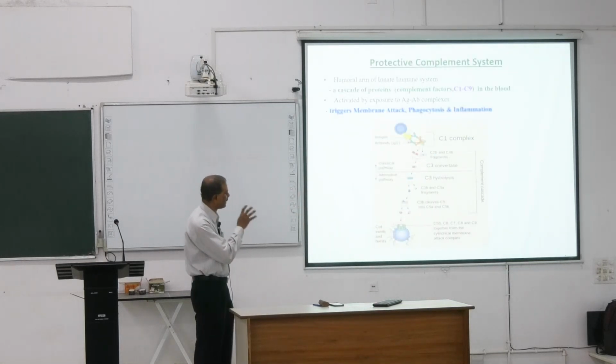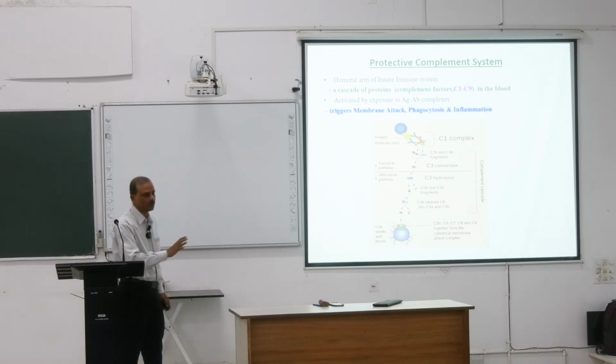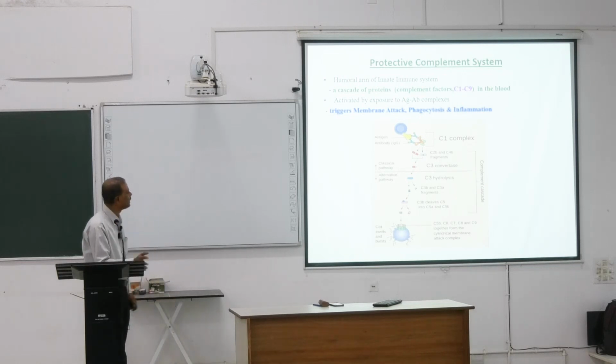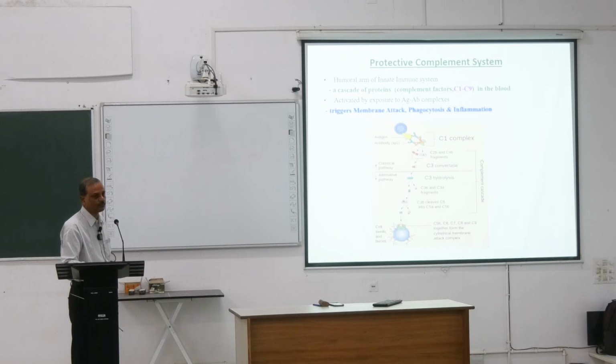Another part, which is a single slide I have shown just because immunity has been covered, is the protective part, which is the complement system. That also comes under the purview of plasma proteins, and this is another part of humoral immunity, just like immunoglobulin. That is a cascade of proteins also, just like coagulation.